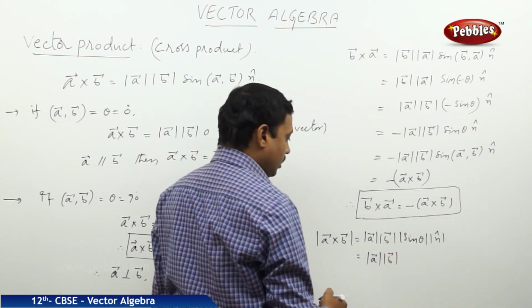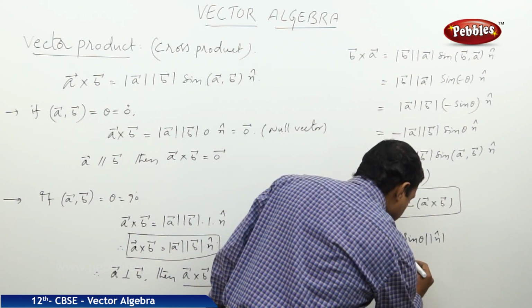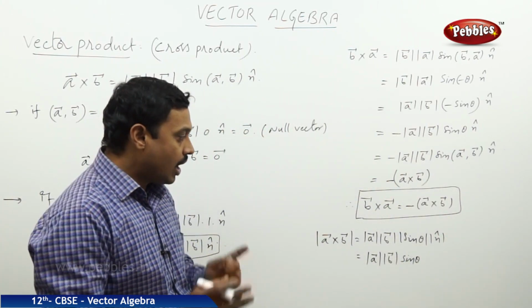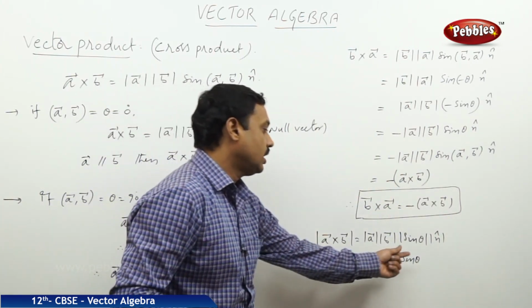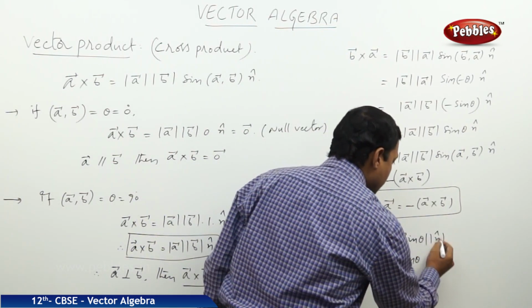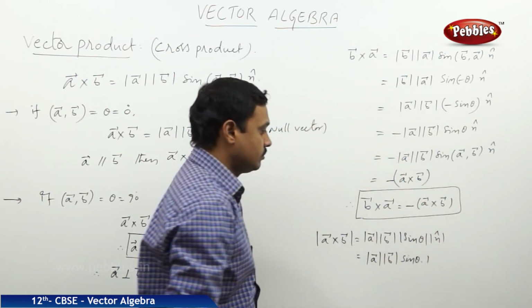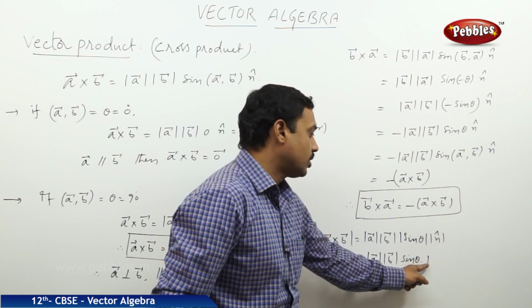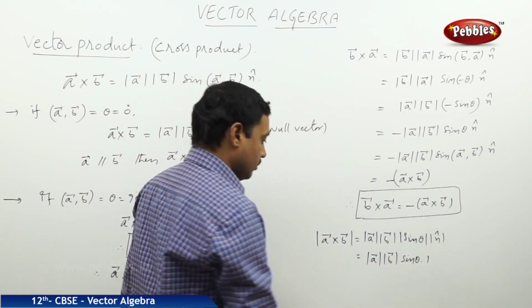Modulus of sin theta is nothing but sin theta, since theta always belongs to the interval 0 to pi. In that quadrant, sin is always positive. So that mod sin theta is sin theta, and modulus of n cap is equal to 1. Why? Because n cap is a unit vector, hence the magnitude of n cap is equal to 1.